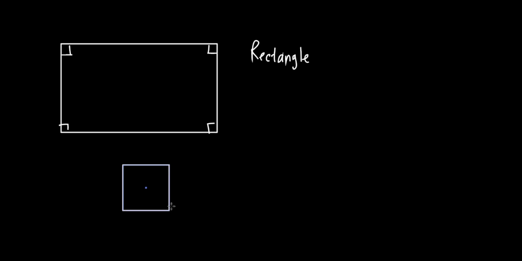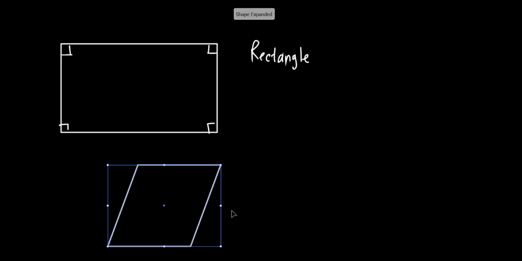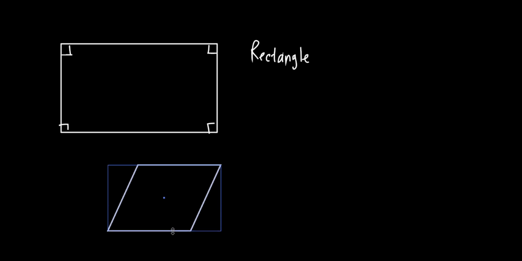What if we did this? Actually, let's not do that just yet. Let's do this. We'll take this like 20 degrees. Okay. And let's just make it so it looks like all 4 sides are equal to each other.